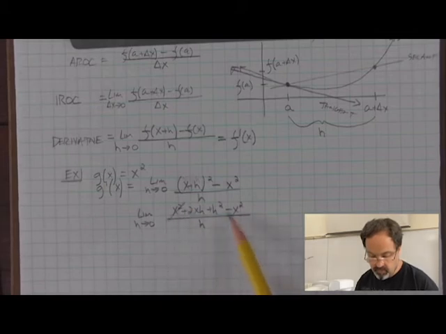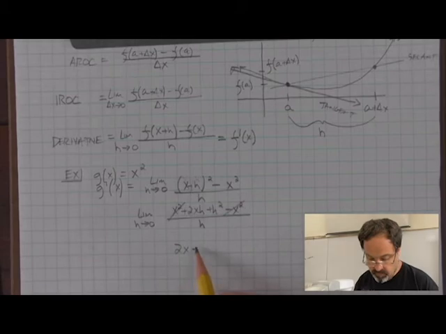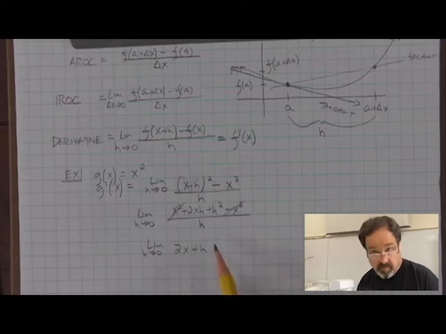I can see that I have two terms that can cancel. And then what I'm going to do with the remaining terms is divide by h. 2xh divided by h leaves the 2x. h squared divided by h leaves an h. And we're still taking the limit as h goes to 0. But now I can attempt the limit because I no longer have a division by zero issue.